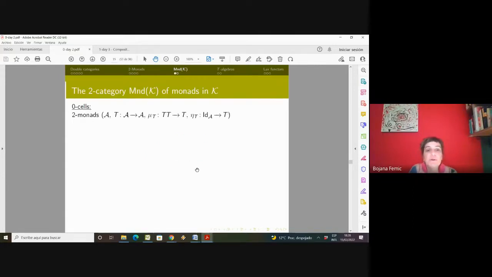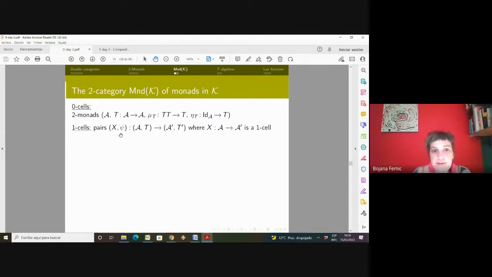Well, this two category of monads in a two category K consists of the following. For zero cells, we just take two monads. So we saw they are given by a zero cell A, a one endocell T on A, a two cell mu, and a two cell eta. And now for one cells, it's a little bit more complicated.